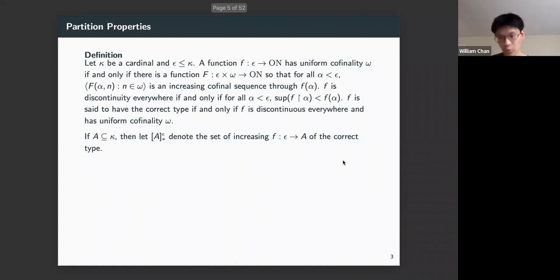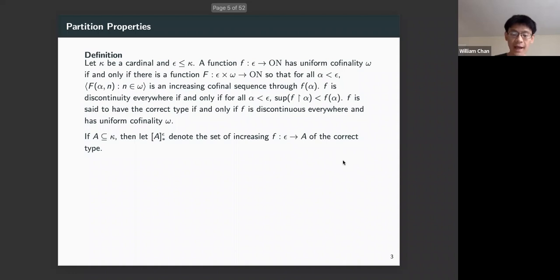We are generally going to be in a context without the axiom of choice, so this is a non-trivial notion. We say that f is discontinuous everywhere if and only if the supremum of f up to any particular alpha is strictly less than f at alpha. If f is both discontinuous everywhere and has uniform cofinality omega, then we say that f has the correct type.